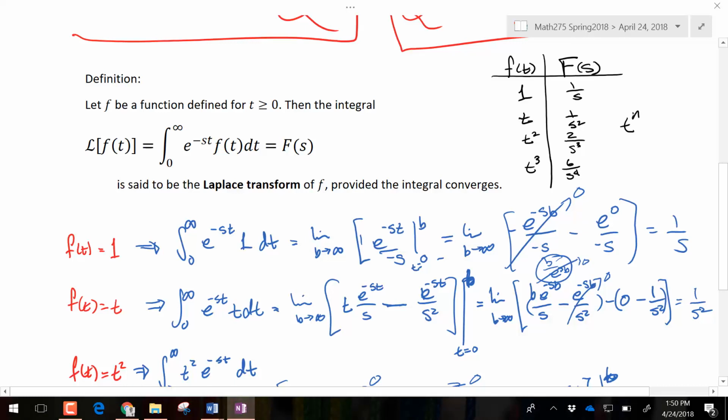You can check if you do what these guys were talking about, do it for general n. We could see that the denominator has s to 1 power bigger than the original one, right?